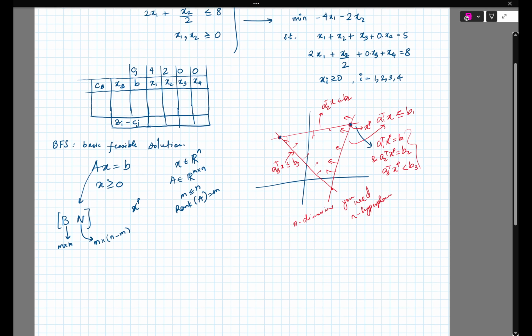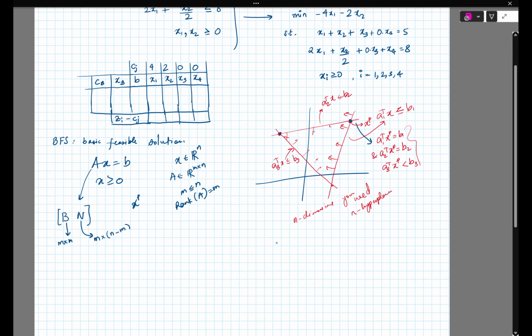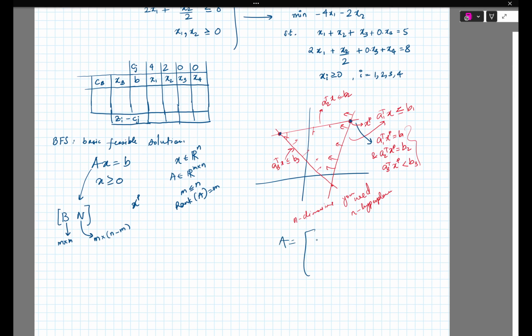so in this problem what we have is your A matrix is basically 1 1 1 0, 2 1 0 1.